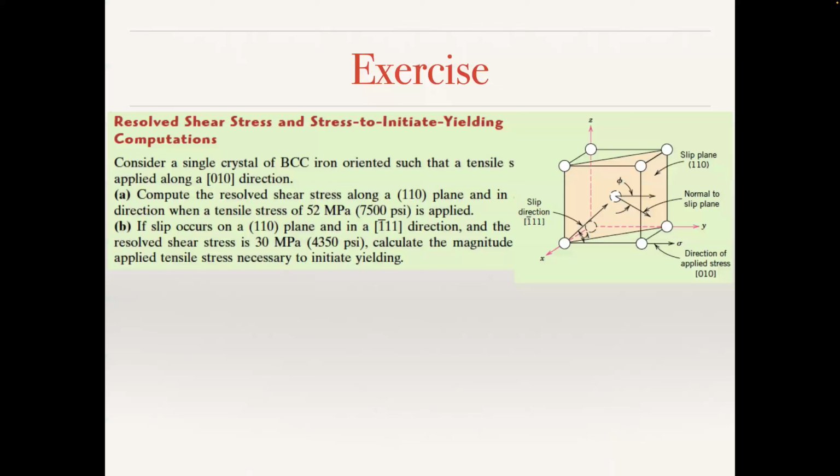Here the problem is you have a single crystal, which is a BCC single crystal, and this BCC iron is oriented in such a way that the tensile stress is applied along the 0, 1, 0 direction. That means along the y direction. And this is the plane that we are talking about. This is the direction in which we are applying the load, and this is the normal to the plane.